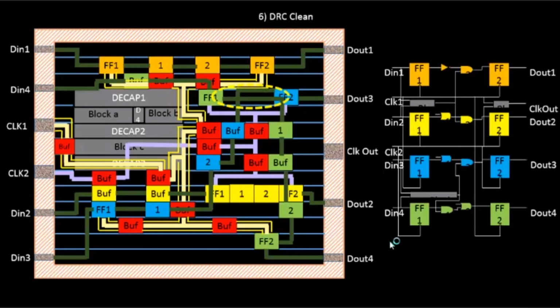Okay. Next, after we have done with the DRC cleaning, the next step is to do a complete parasitic extraction. By complete parasitic extraction, because we now have the data path routes, the clock routes, the shields, and everything in place, it makes sense at this stage to do a full parasitic extraction.